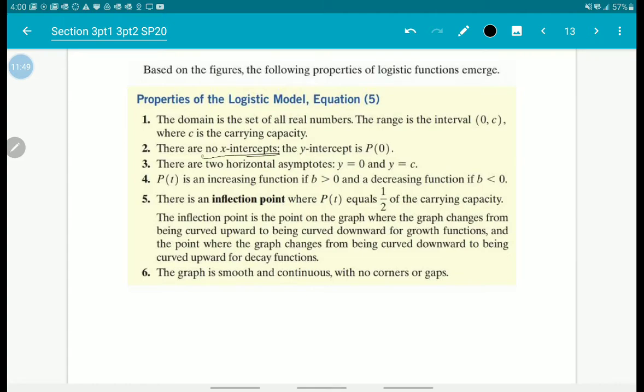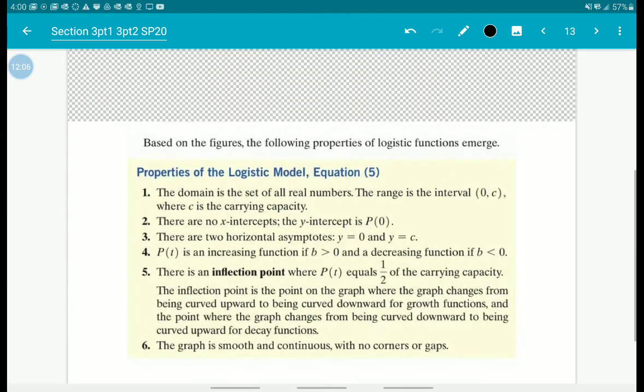Notice there's not any x-intercepts, but there's going to be a y-intercept, and that's going to be at time 0. We do have two horizontal asymptotes. One is the x-axis, and the other one is y equals c, where c is carrying capacity. There is an inflection point on this graph.